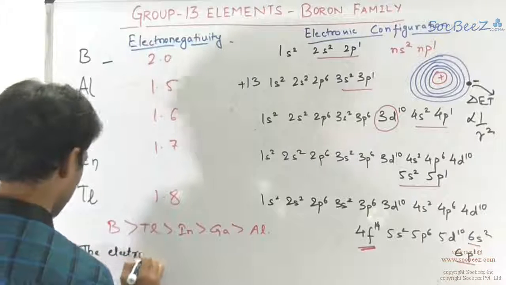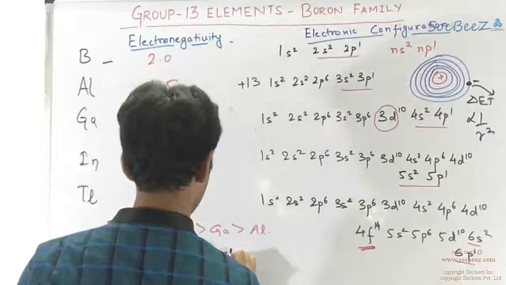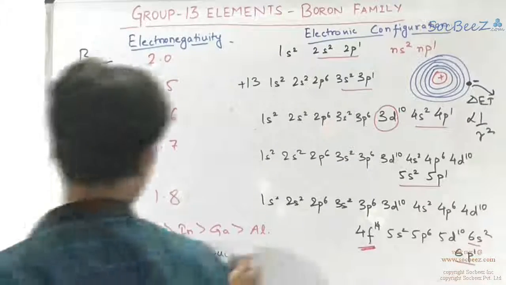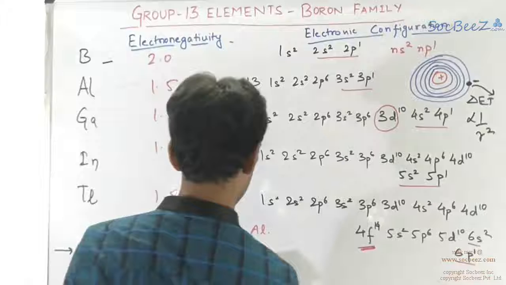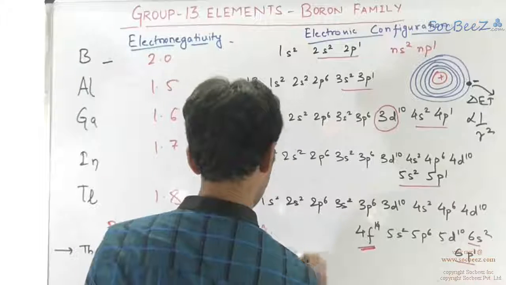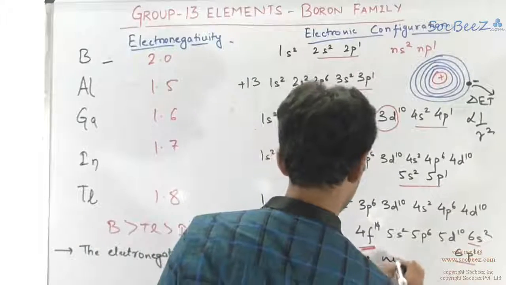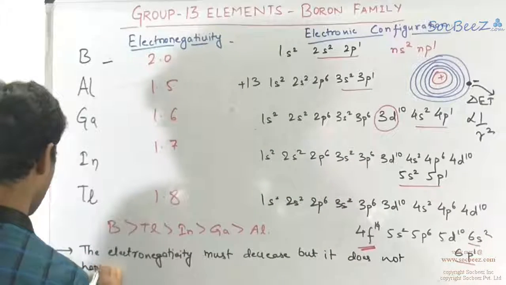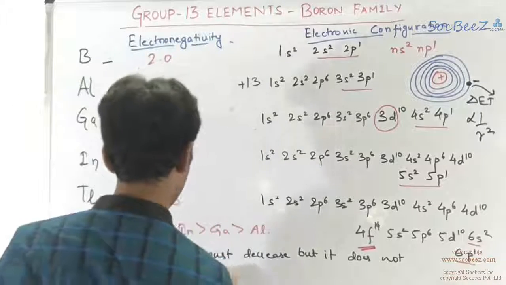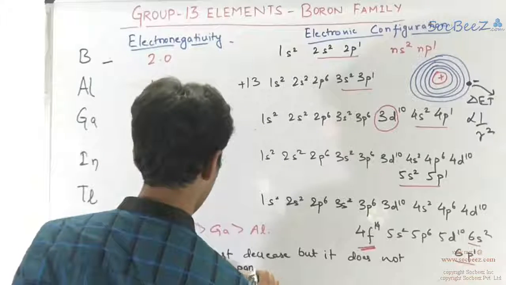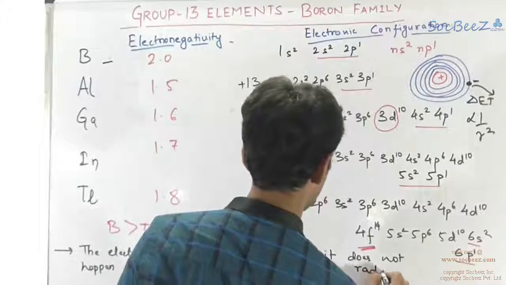The electronegativity must decrease, but it does not happen because of discrepancy in atomic radii.